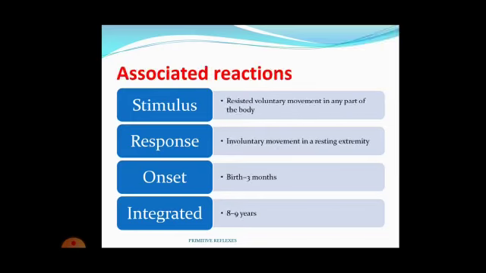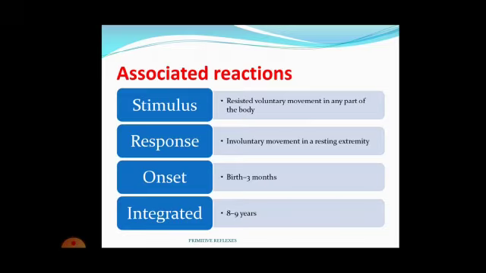Now some other associated reactions. The stimulus will be a resisted voluntary movement in any part of the body. What will be the response? There will be involuntary movement in a resting extremity also. For example, if resisted shoulder abduction is given, it is possible that abduction also appears on the opposite side, that is the resting extremity.